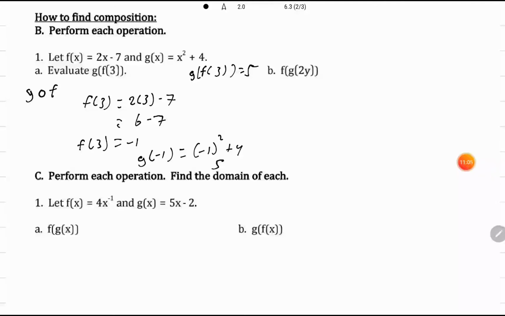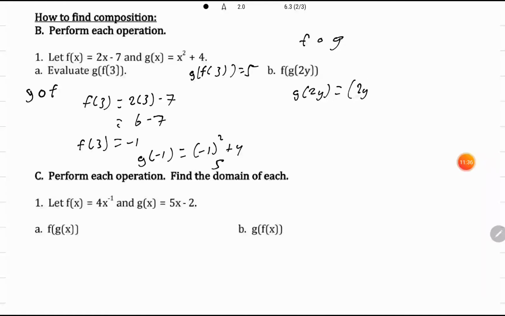So here we go again, part B. This time we have a variable, and this time we're doing f compose g. So we're going to do g first. g of 2y: every time we see an x, we're going to plug in 2y.